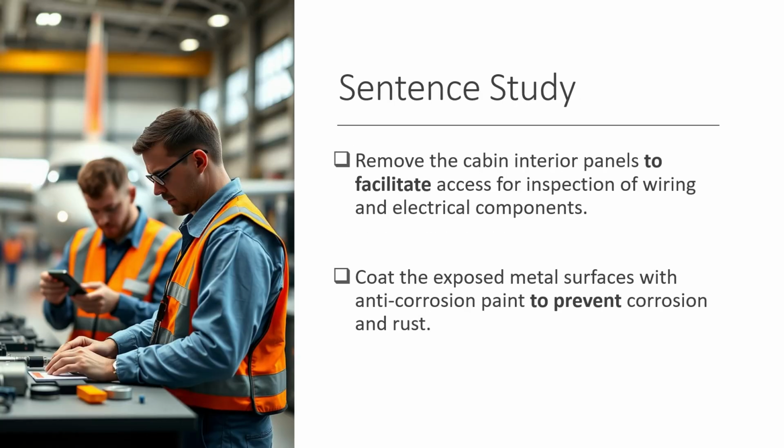Let's study more examples from aviation maintenance. Remove the cabin interior panels to facilitate access for inspection of wiring and electrical components. Bu cümlede remove the cabin interior panels cümlenin fiili olduğu için sona gelecek.